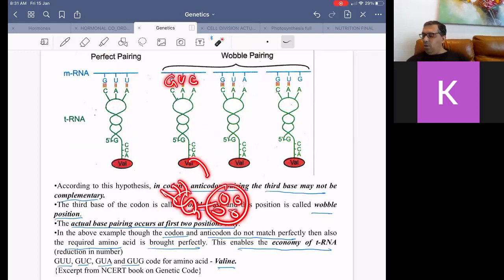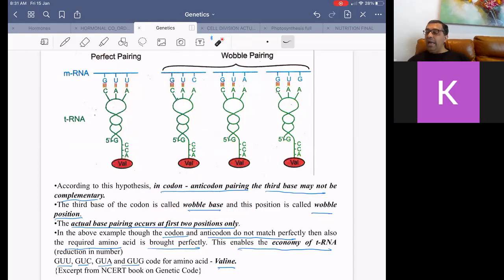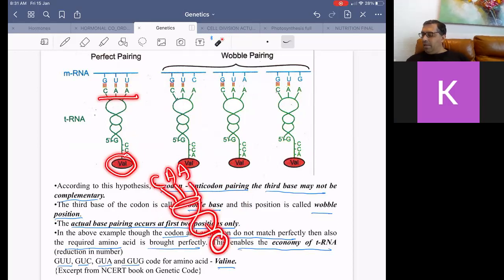And valine होगा तो tRNA will pick up valine and fit into the ribosome. Which tRNA? The one with the CAA anticodon picks up valine.